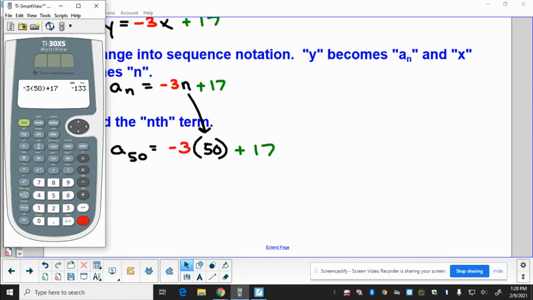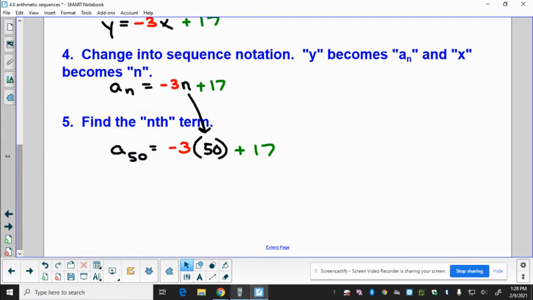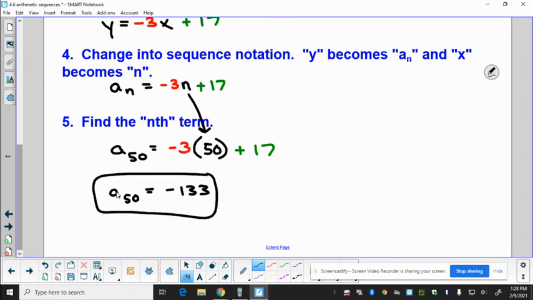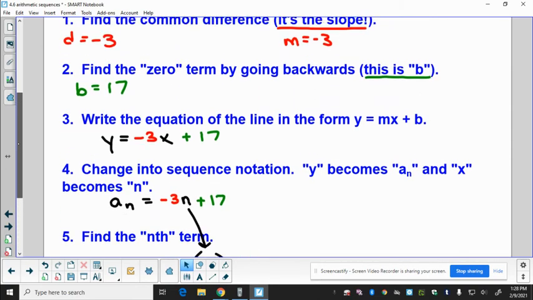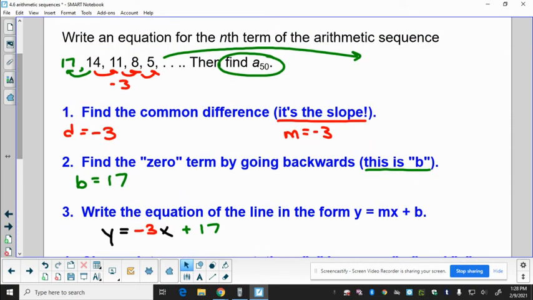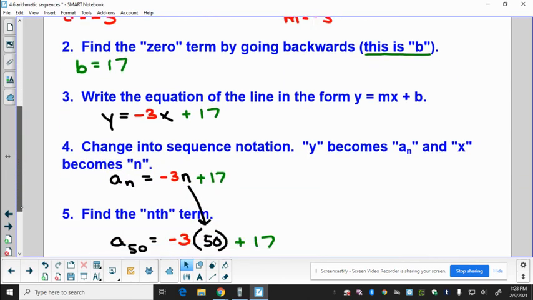All right, well, that term, if we went far enough out, would be negative 133. So the 50th term, its value is negative 133. There's the answer. Now you go back up to the original problem, that makes sense. Those numbers up here are getting smaller and smaller and smaller. You definitely would be in the negative number range.